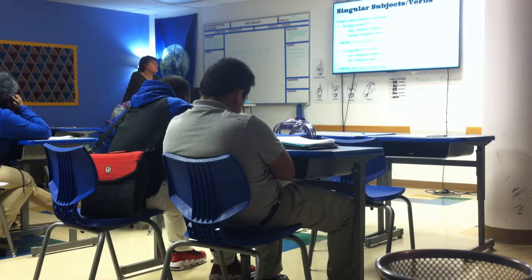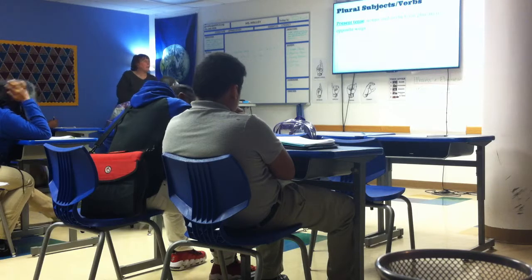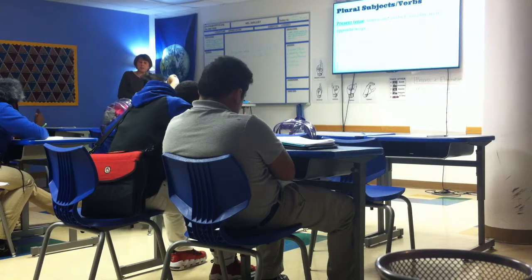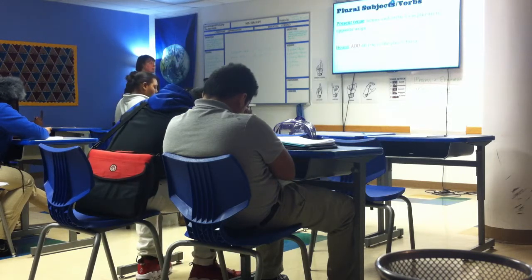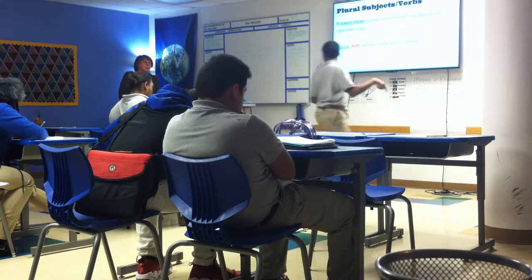Now we'll look at plural. Present tense again, that's happening right now. Again, the noun and the verb are formed in the opposite way. The S's are used opposite. So with a noun, you add an S to it.